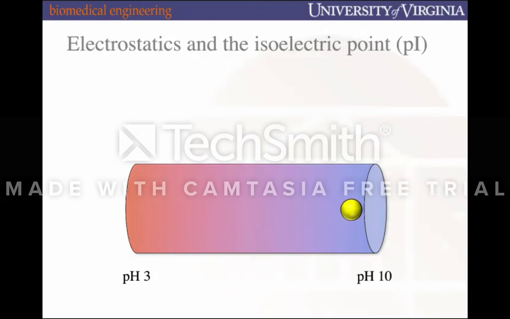What's important is that there's going to be a sweet spot, a little Goldilocks zone, where it's going to be at electrostatic equilibrium, where it won't be donating or taking on protons, but rather at equilibrium. And that point is called the isoelectric point. And so the pH at which a protein is at electrostatic equilibrium is called the isoelectric point.